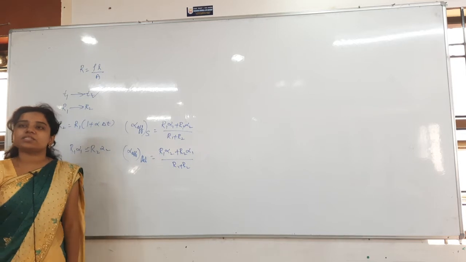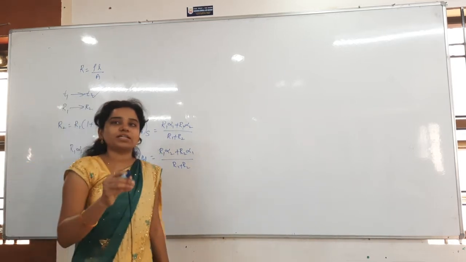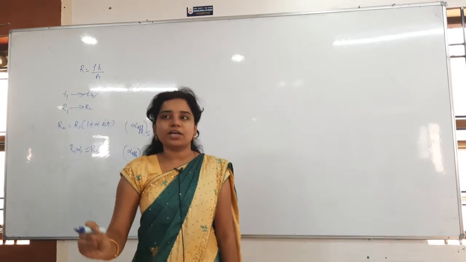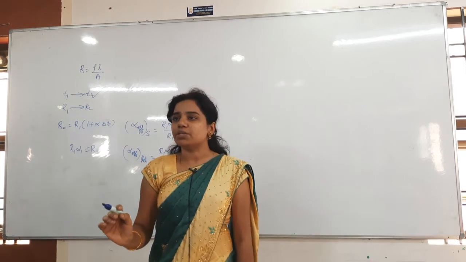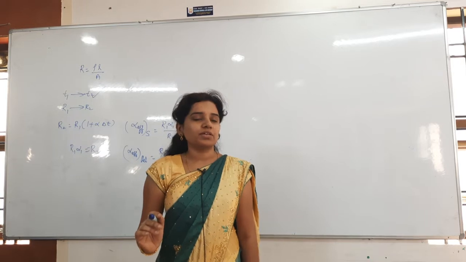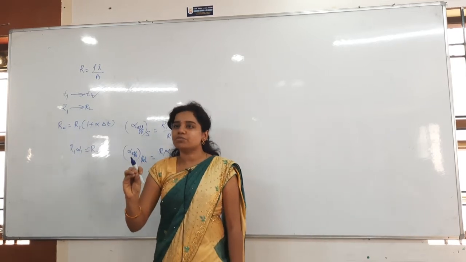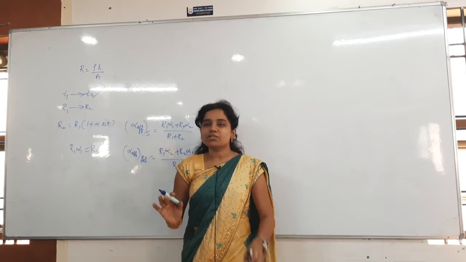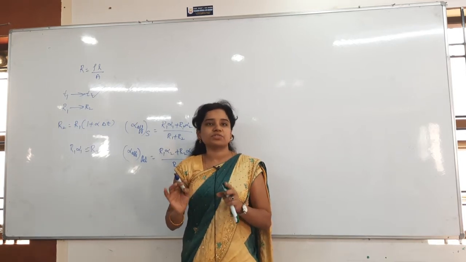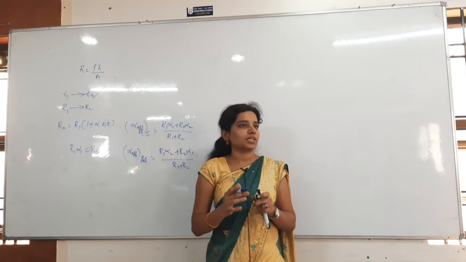And the next one is R1 at temperature T1 and R2 at temperature T2, then what is the alpha value? That will be one more kind of problem. So if you learn these 5 types of problems in the temperature dependency, everything will be finished. But you have to identify mainly when to use which formula. By practicing the problems you can understand that.